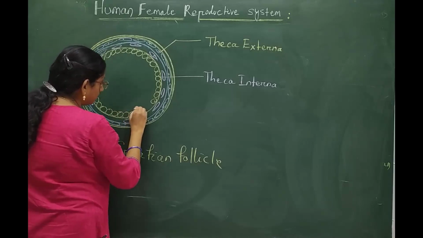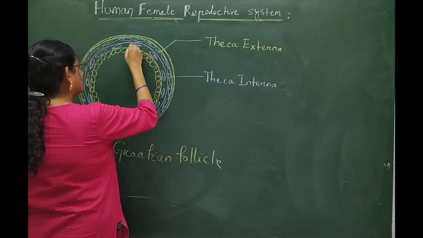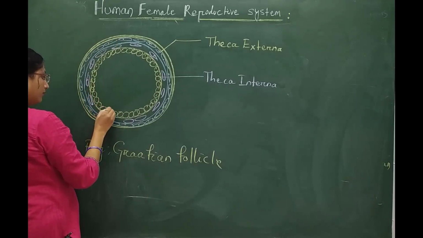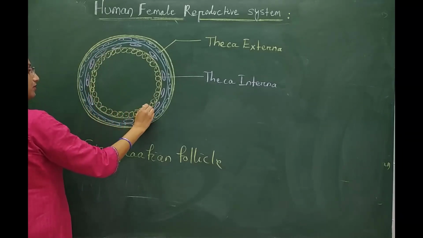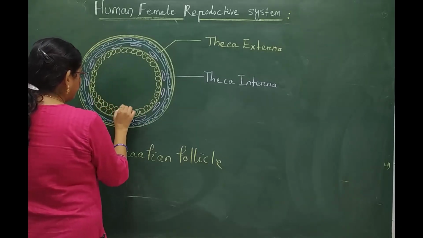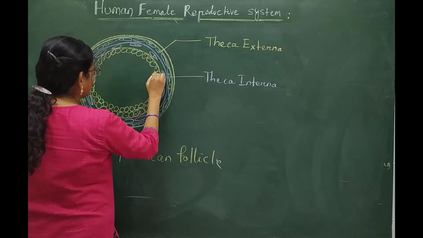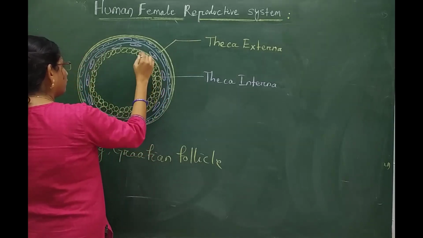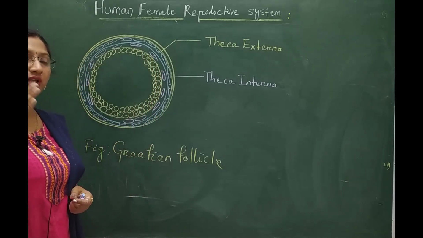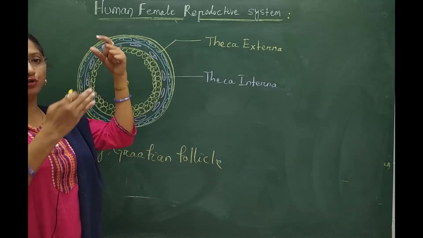And this numerous number of oogonial cells, if we are talking about the structure of this ovary, we have already discussed the ovarian structure, the varieties of structure of the primary follicles present over there, and these primary follicles divide mitotically to produce a large number of oogonial cells. In the foetal life of the embryo, these form a tube-like structure.